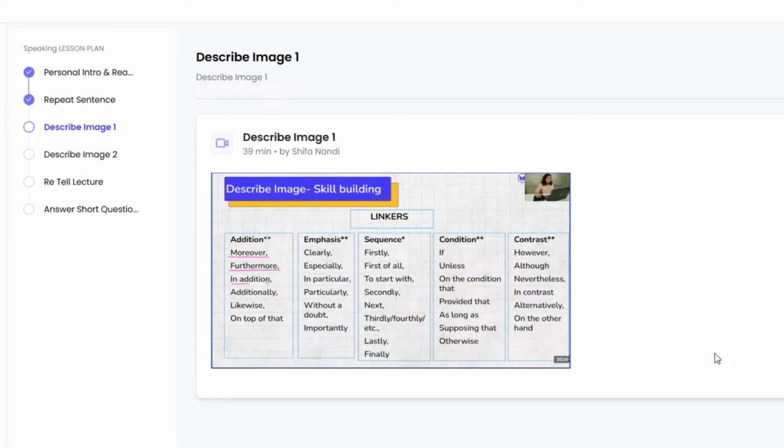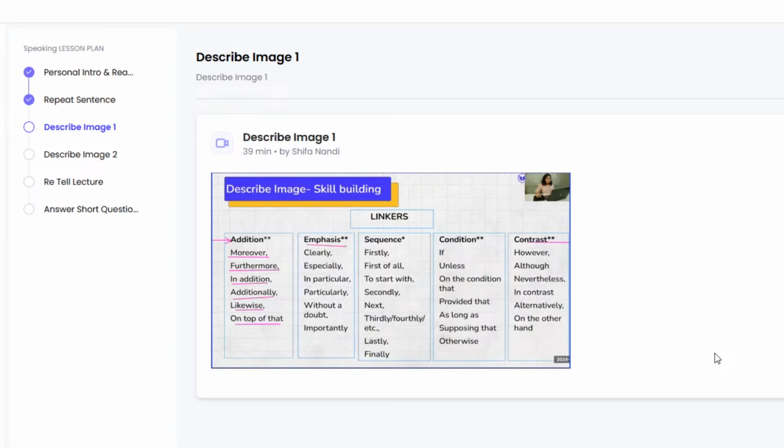Moreover, furthermore, in addition, additionally, likewise, on top of that. However, if in the next line you are doing a contrast, then you will not use the words related to additionally. Then you will use the words related to a contrast, right? So in that case, you're going to establish a contrast.